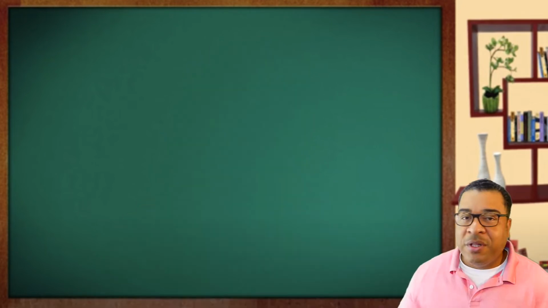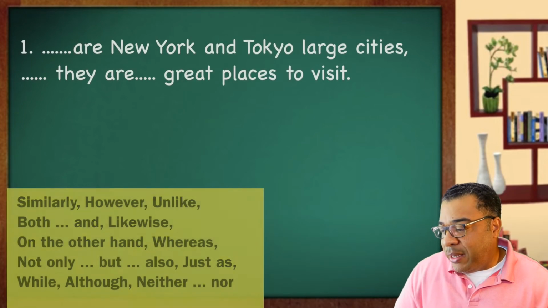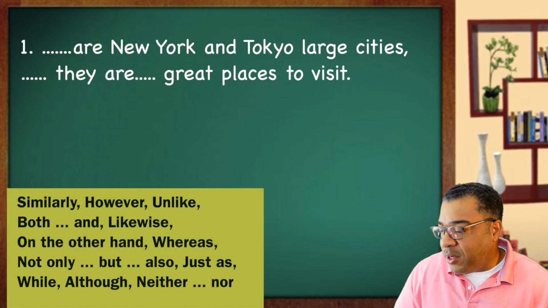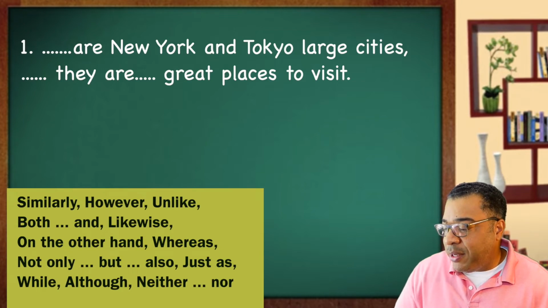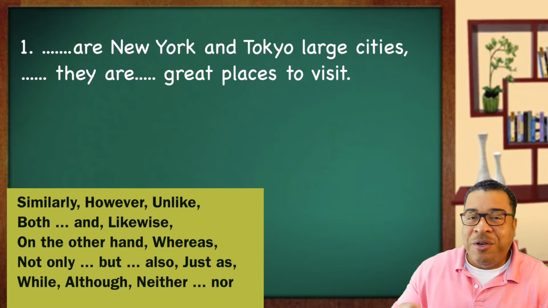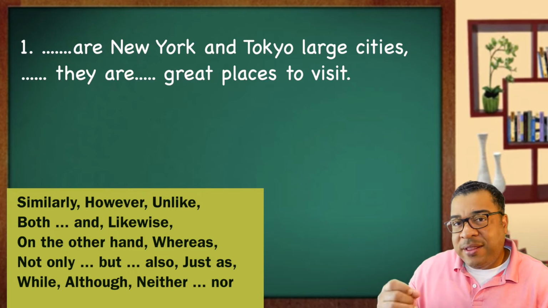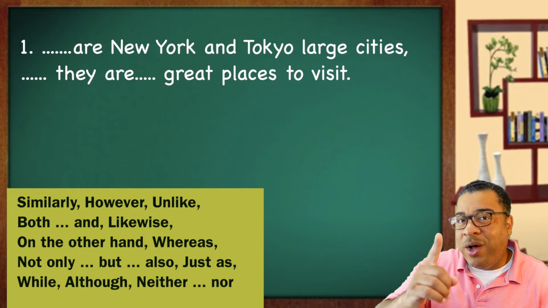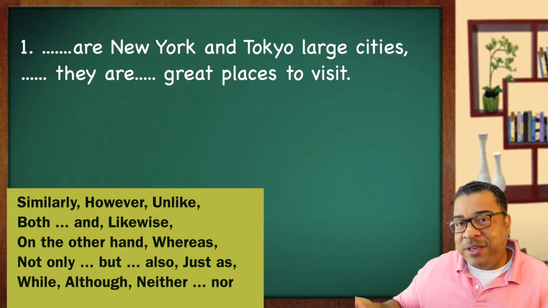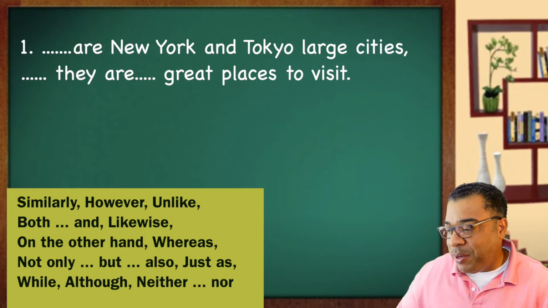For example, the first sentence: blank are New York and Tokyo largest cities. Blank they are, blank great places to visit. Now, when you're using these comparing and contrasting transitional signal words, there's only one phrase that would actually fit in these blanks. And let me show you what I mean.